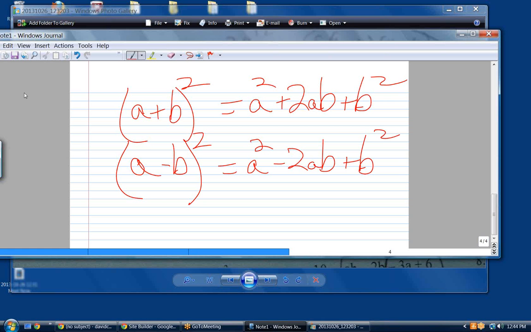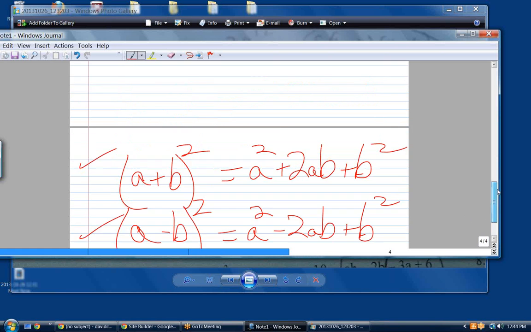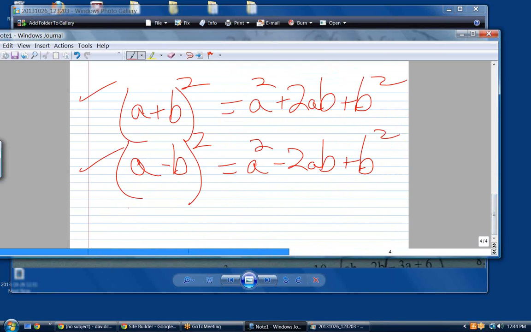So if you have both of these memorized, and we get a problem like 4y minus 9 squared, we can do it instantly. What's the first term? 16y squared. What's the second term? 2 times a times b.